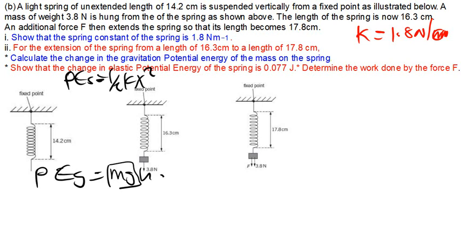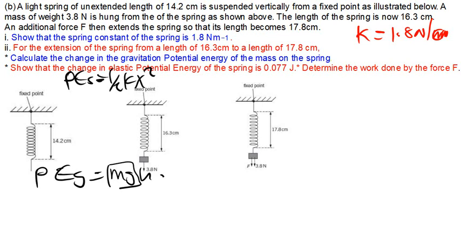Who is going to help us? What is our mg in this case? We want to find the gravitational potential energy. Okay, my mg is the force which I have in this case.